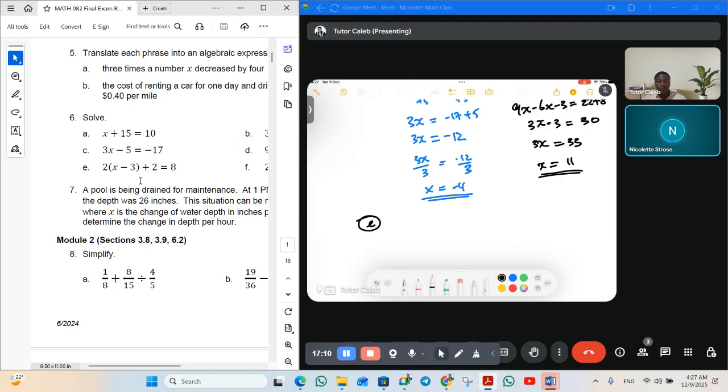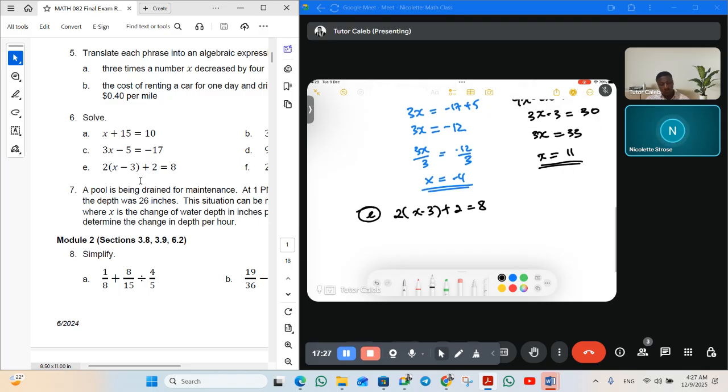And now we do E: 2x minus 3 plus 2 equals 8. Yes. And so we multiply 2 by everything in the parentheses, which is 2x, 2 times minus 3, that's minus 6, plus 2 equals 8.